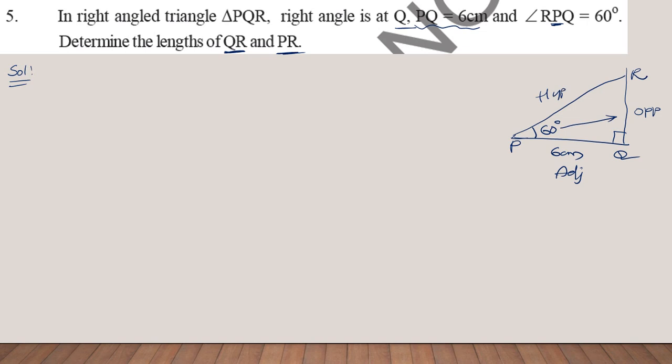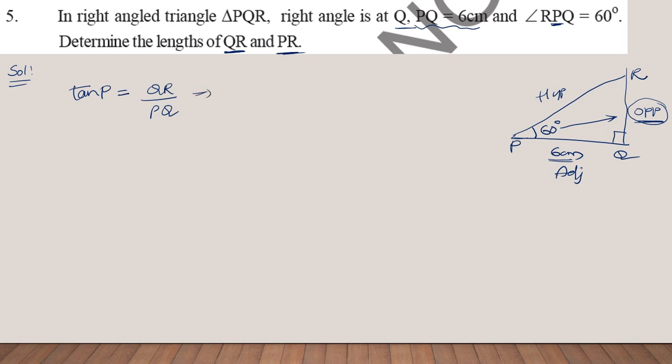So first of all I am going to find out the value of QR. So to find out QR, I need to have opposite. And I am given with adjacent, right? So since I am given with adjacent side and I need opposite side, opposite and adjacent are present in tan theta, right? So tan P is equal to simply QR by PQ.